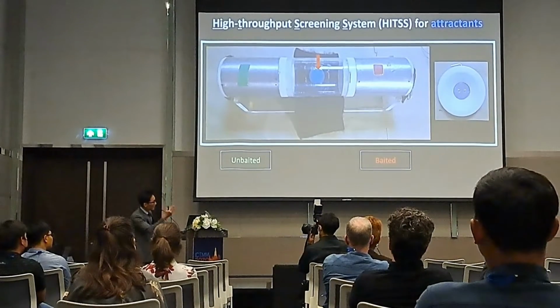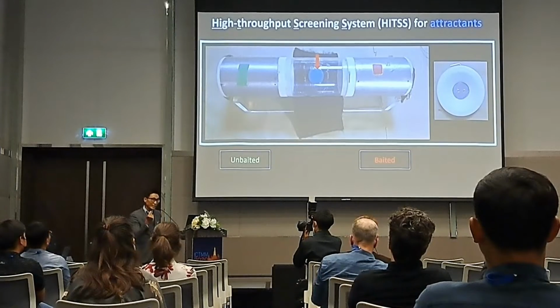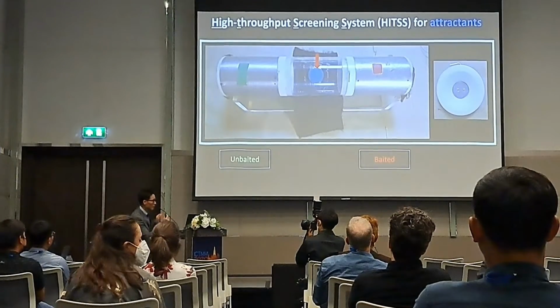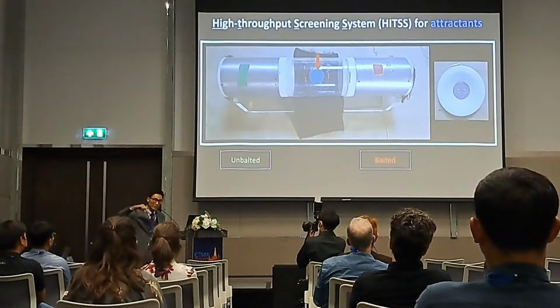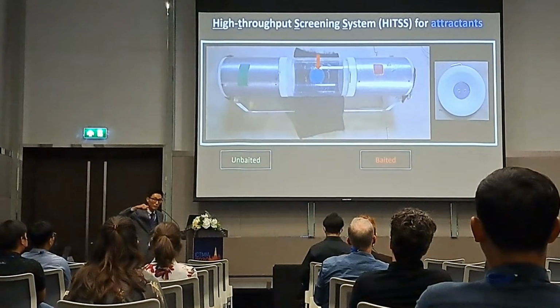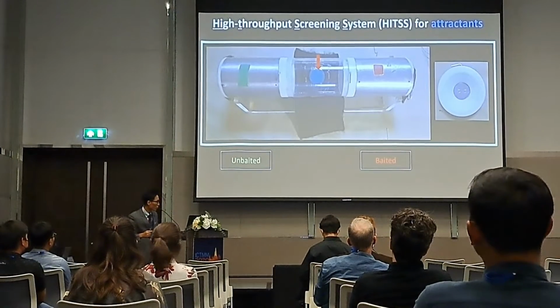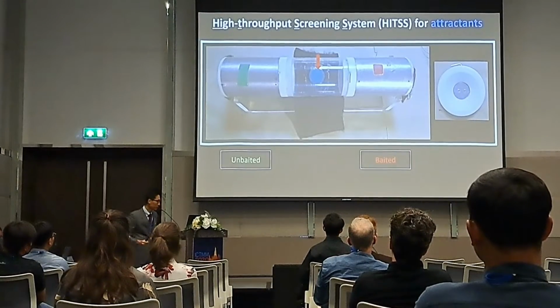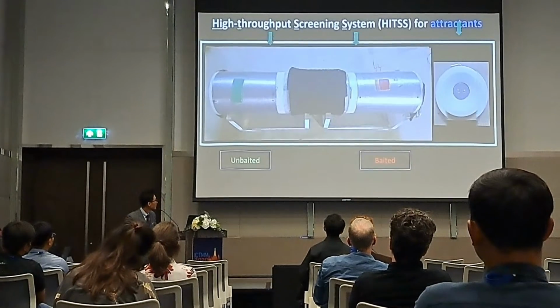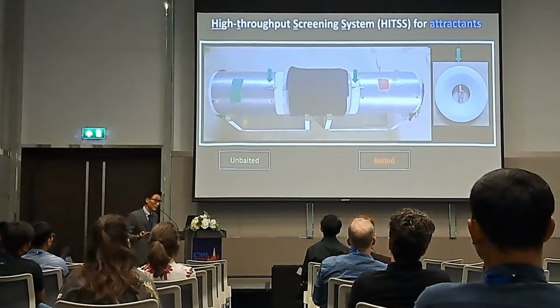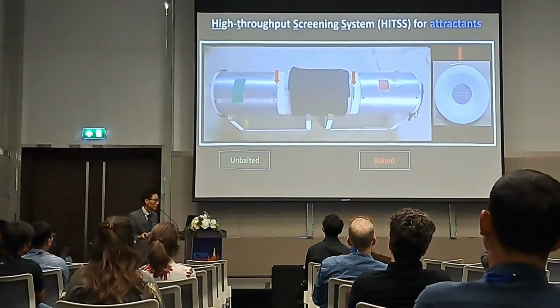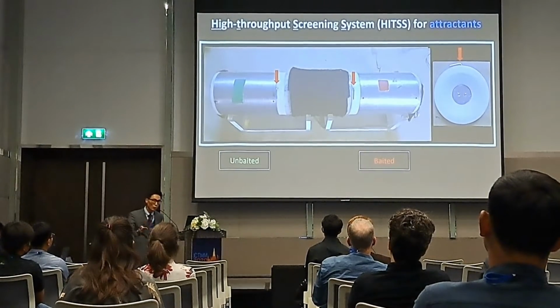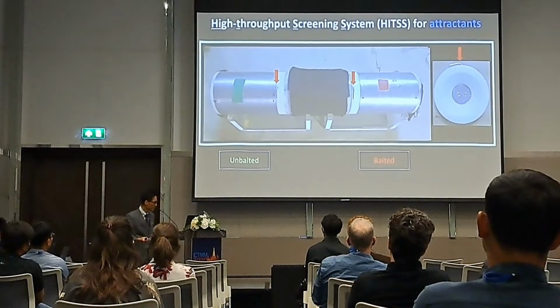Please look at the right-hand side. There is a disc connecting each chamber, and in the middle there is a small door we call the butterfly door. We can open this door, and mosquitoes can fly freely inside. We leave it open for 10 minutes, close it again, and count the number of mosquitoes in each chamber.